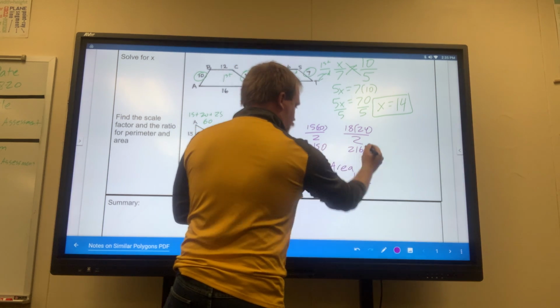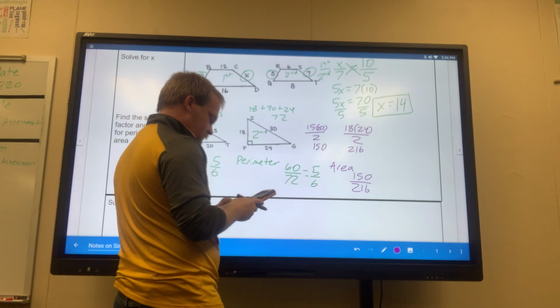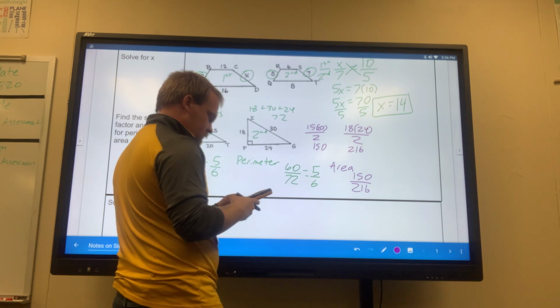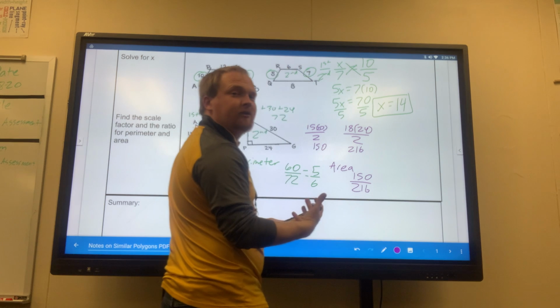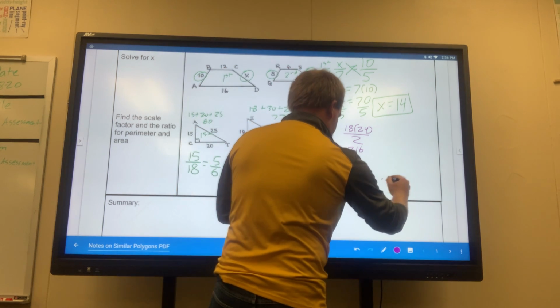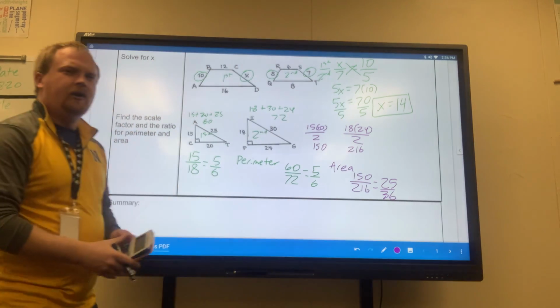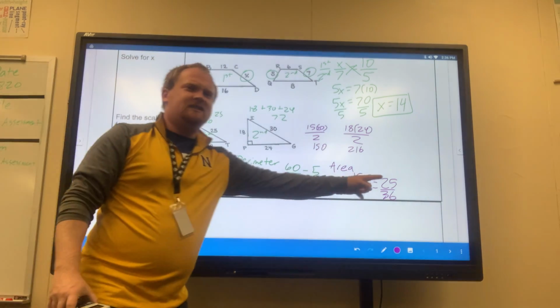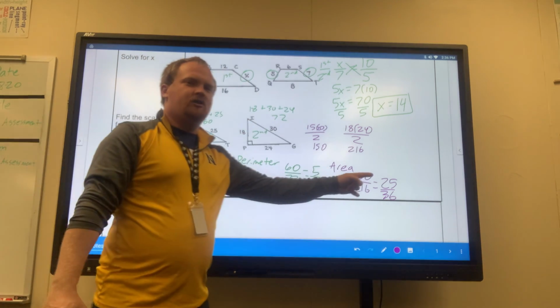Remember, first figure over the second figure. If I simplify that and put it in my calculator, that gives me 25/36. Now, they're not the same, but notice how they relate to each other.